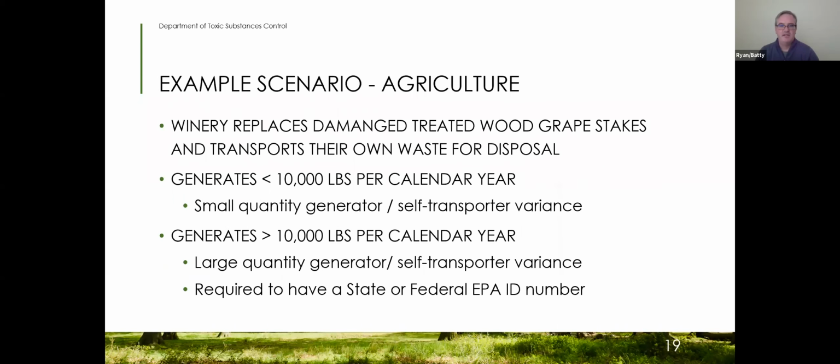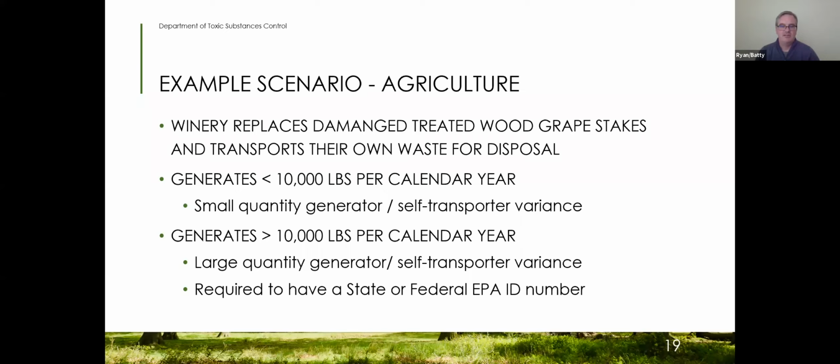Okay, so now the next series of slides, I'm going to go through some scenarios to help you understand which type of variance may apply to your situation. So this example scenario is an agriculture scenario. If you may be a winery, you may be replacing treated wood grape stakes, and you want to transport that waste yourself for disposal.